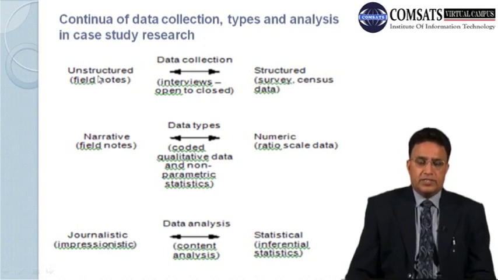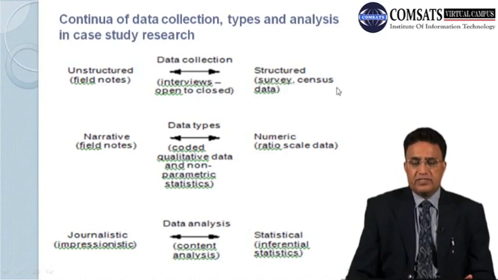You have two extremes: on the left, unstructured field notes, and on the right you will see structured notes like surveys and census data. And how will be data collection? The arrow shows that it could be both ways in case studies.